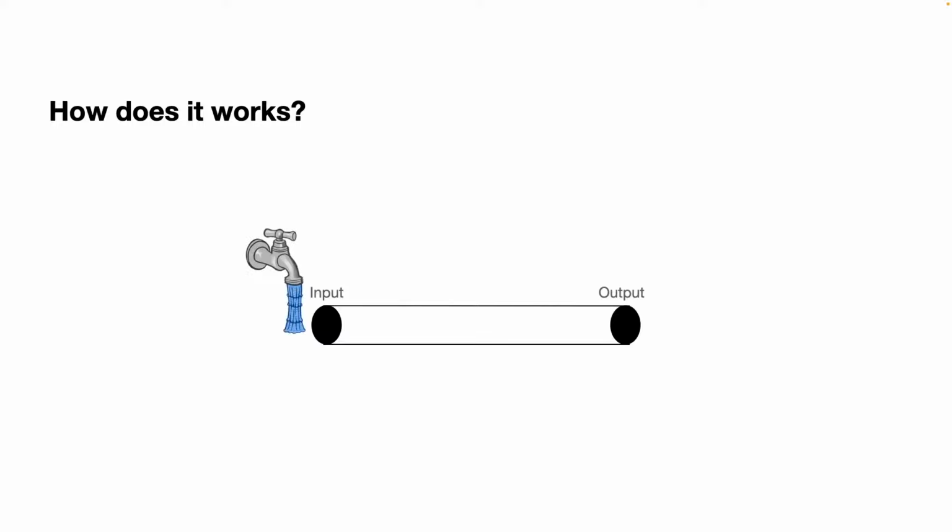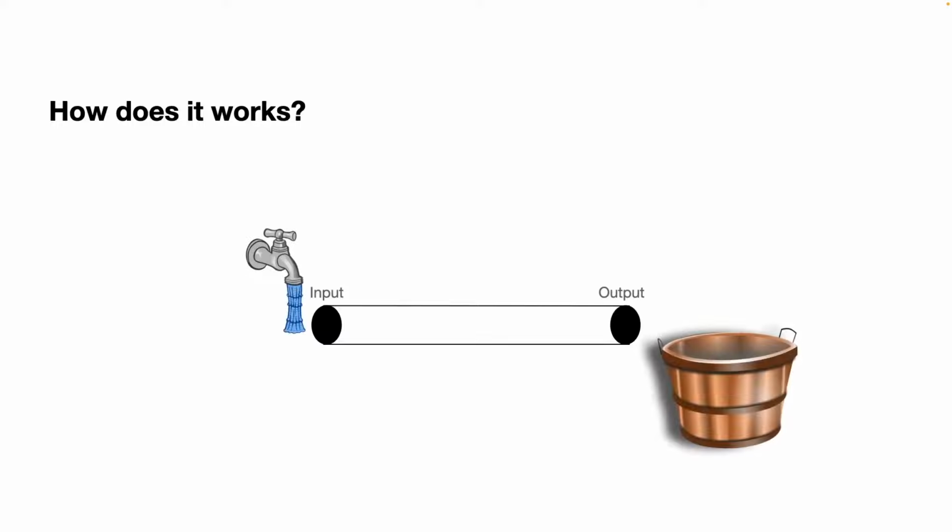Suppose we have a tap here. As soon as the tap opens, the bucket will get the data, and in this case the data is the water, and the data will move in this direction. As long as the tap is on, the data or the water will be flowing, and the bucket will collect it.